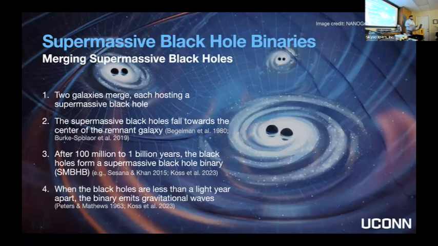Of course, when two galaxies merge, if they both have a supermassive black hole, they're going to form a binary. It's not like one of those black holes says, all right, peace, this is your galaxy, I'm going to go chill over here in some other part of the universe. No, instead, both black holes are going to fall towards the center of the remnant galaxy, the galaxy that's left over after the two galaxies have merged together.